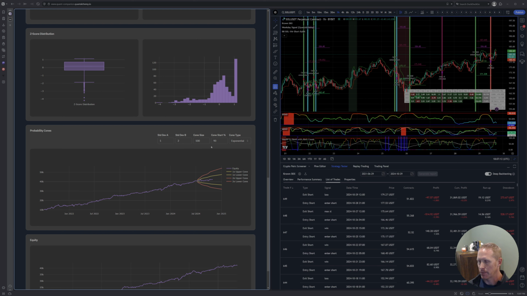Obviously, if it's projecting up to the top side, you might not be too concerned about it, but it might still be something to be aware of. If it's projecting down to the downside, then that could be indicative of the strategy starting to fail. So based on the number of points here, you might want to increase the cone size.